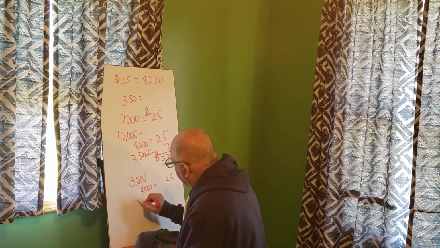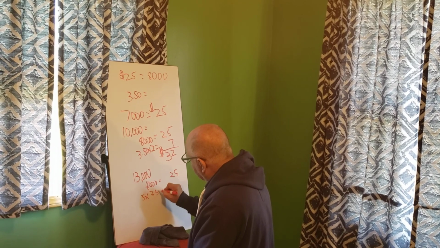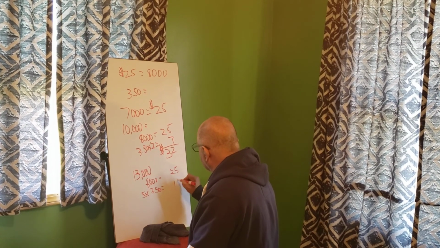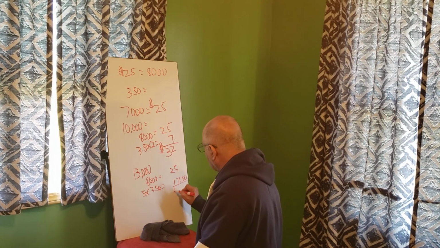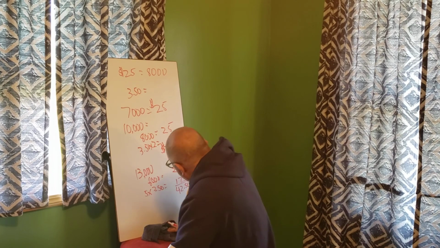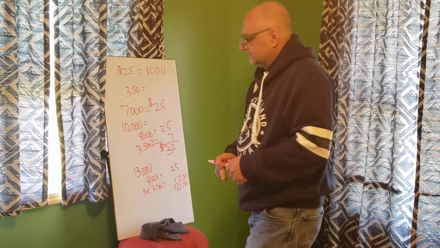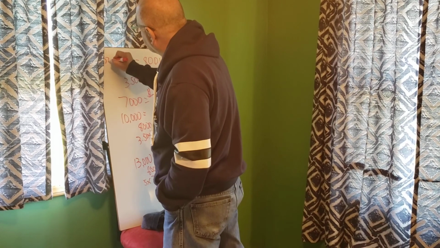So we're going to take 5 times 3.50, which is equal to $17.50, for a total of $42.50. All right, so that's problem 22.